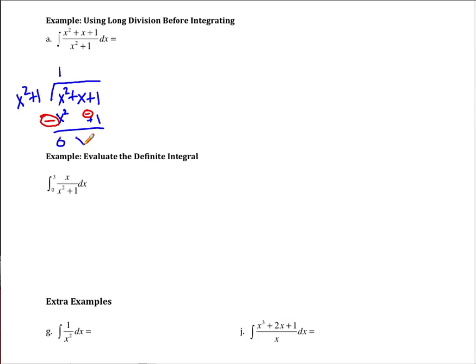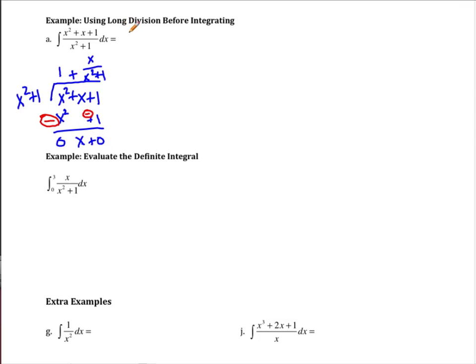X, you have nothing to do there, so you just bring down your x. And then 1 minus 1 is also 0. So all you're left with now is x. And so x squared doesn't go into x anymore, so all you have to do is go plus the x divided by x squared plus 1. Okay, so you still have x divided by x squared plus 1.